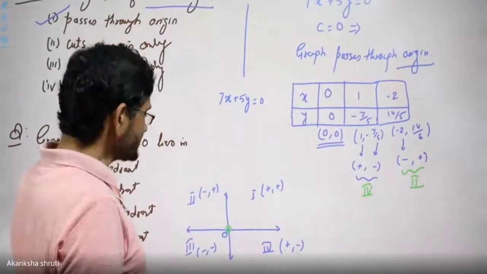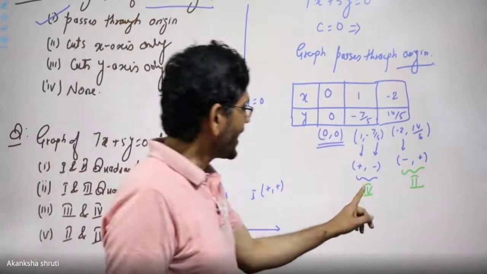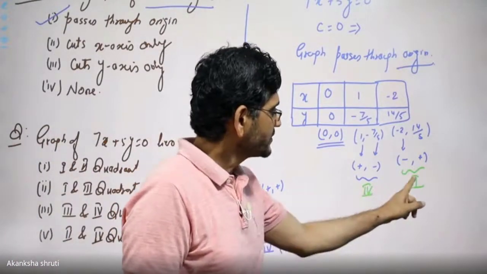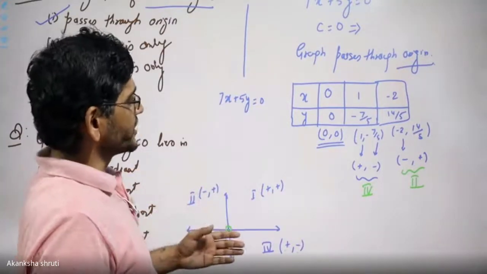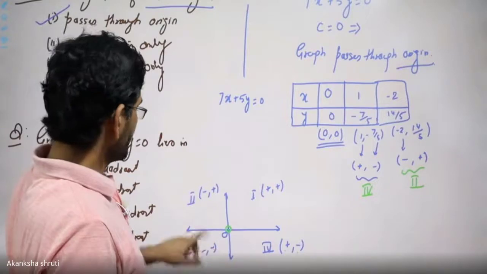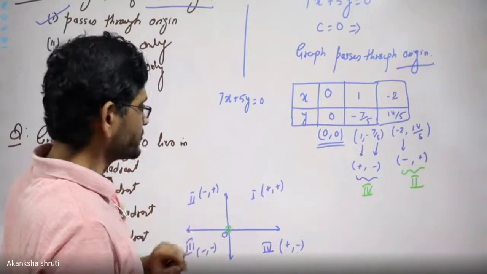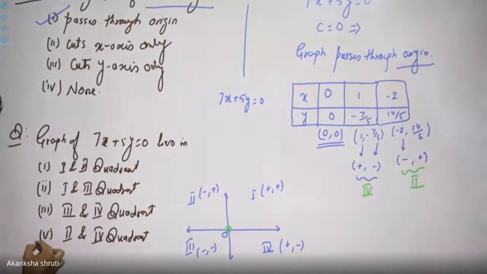So students, the graph lies in the fourth and second quadrants only. You cannot get any solution which lies in the first and third quadrants. So the answer is the fourth option, the second and fourth quadrant.